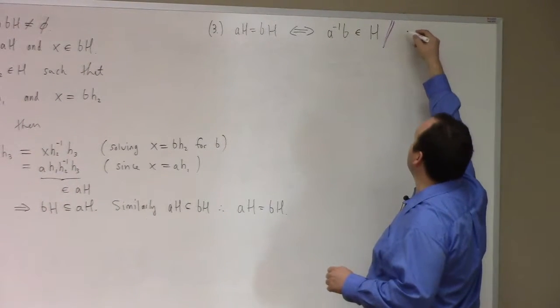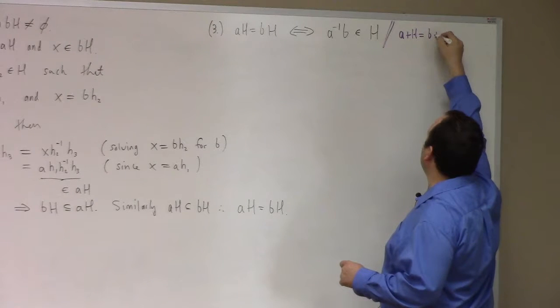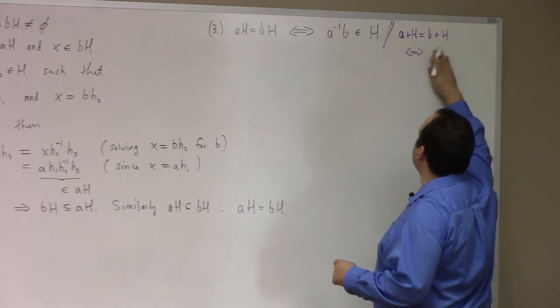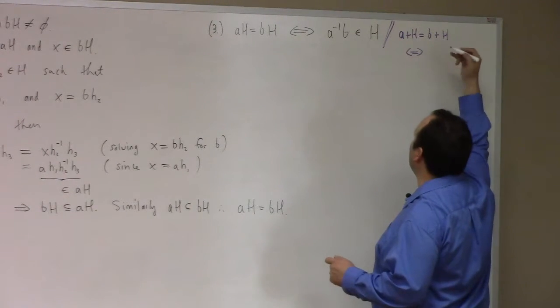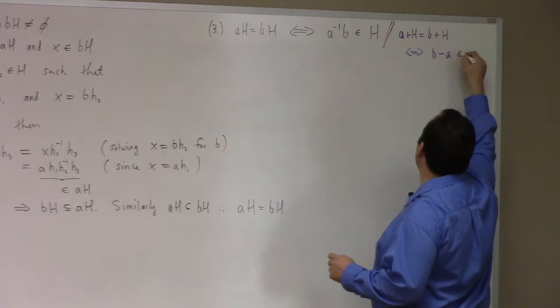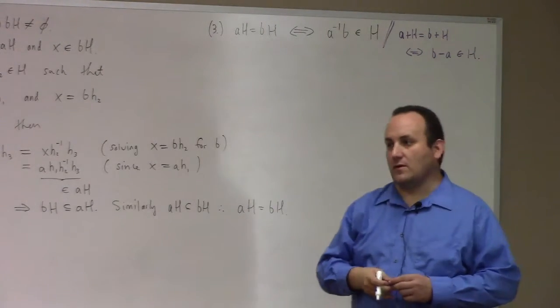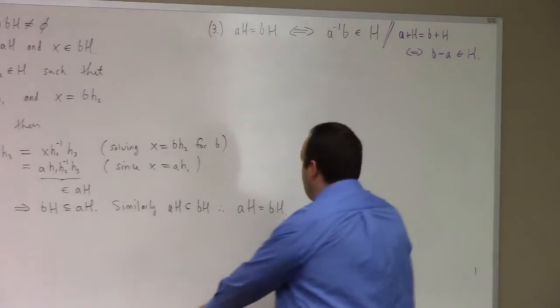In the additive case, this criterion looks like A plus H is equal to B plus H if and only if minus A plus B, but you could rewrite it as B minus A is an element of H. Okay, just a side comment.